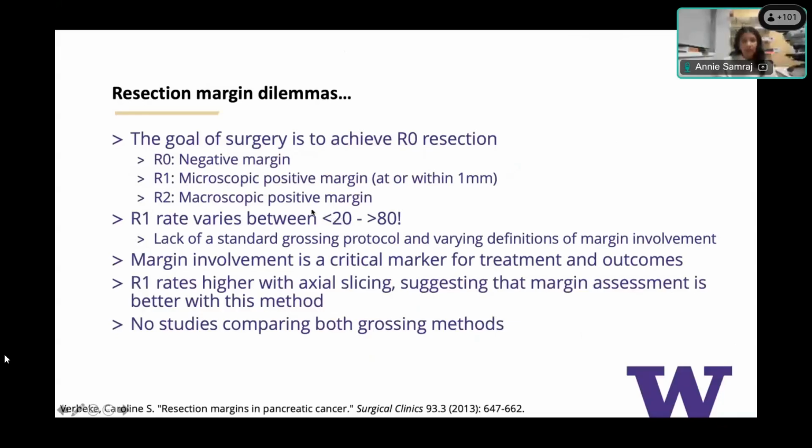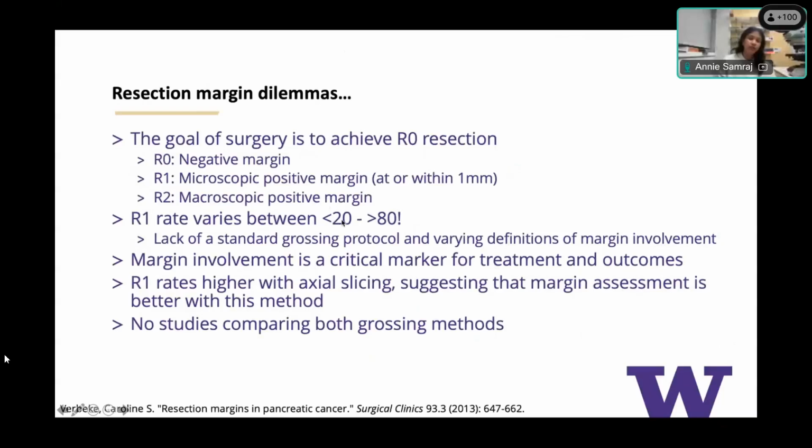For pancreas, the positive margin, or the R1 rate, has a wide range, between 20 to 80%. So what does that tell us? That tells us that we don't have the right definition for margin development, and there's a lack of standard grossing protocol. And pancreatic cancer is on the rise.